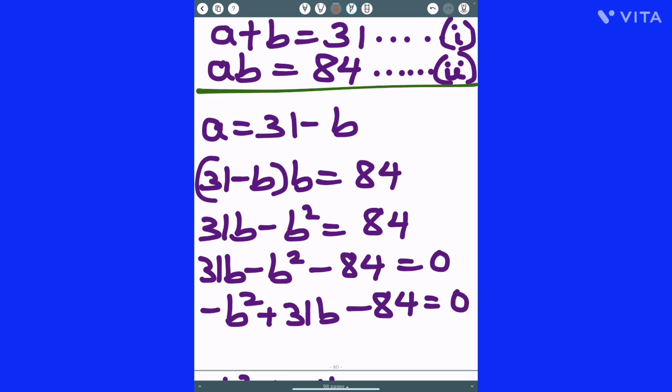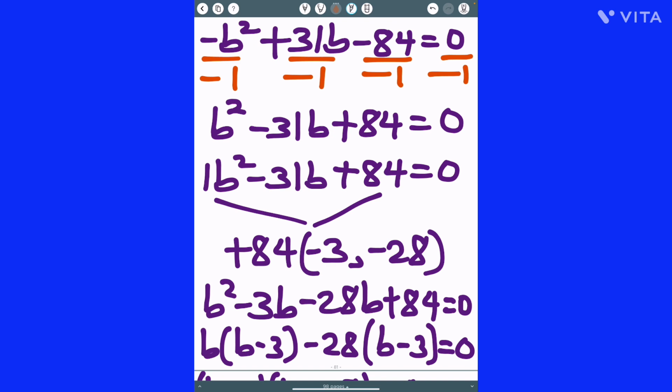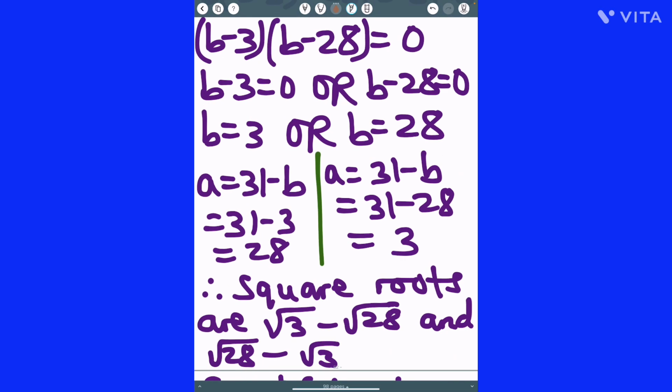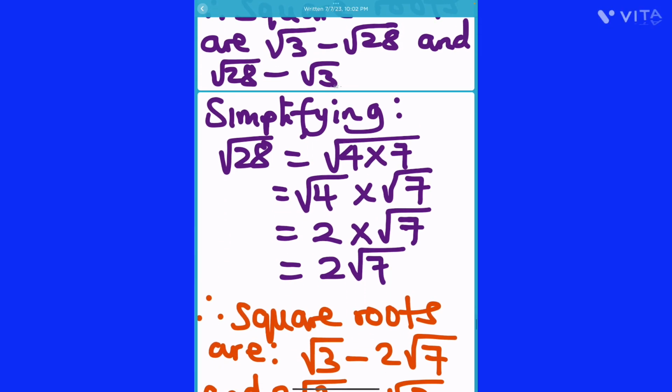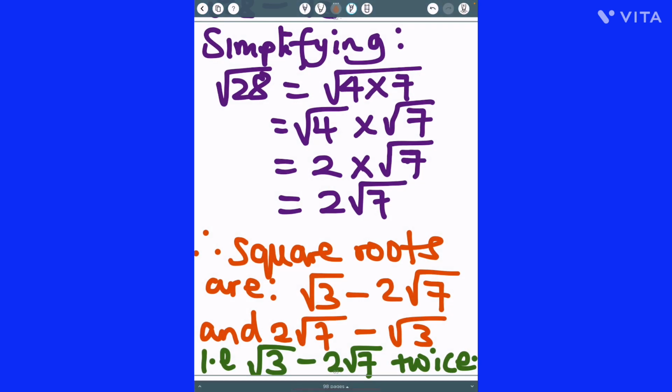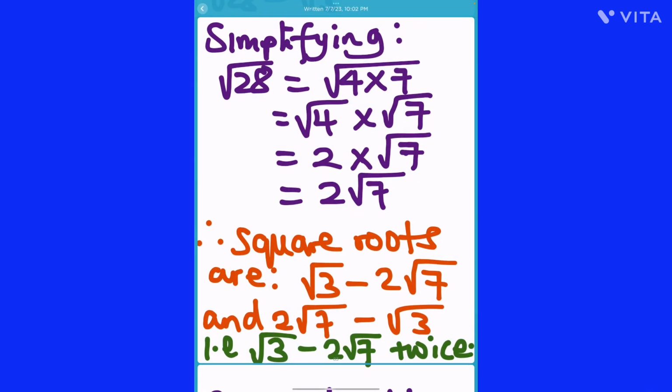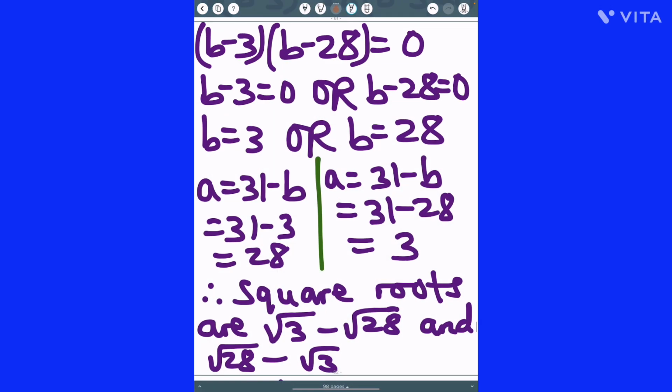The way we did the previous ones, you get 3 and 28 as your answers, and that gives you your square roots as root 3 minus root 28 and root 28 minus root 3. Those are the answers here.